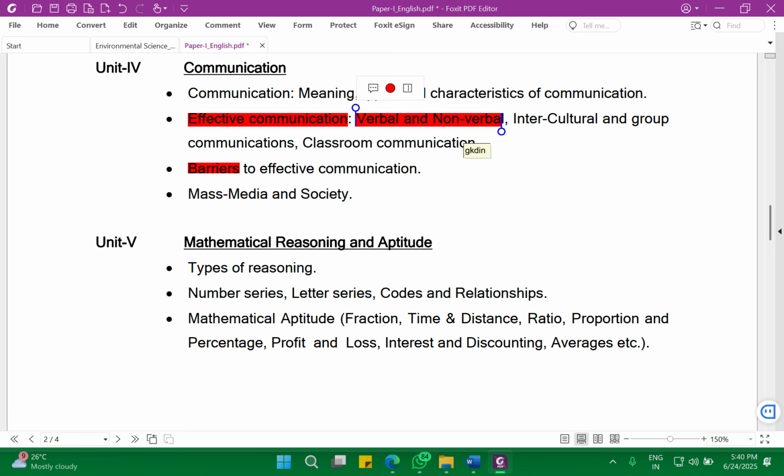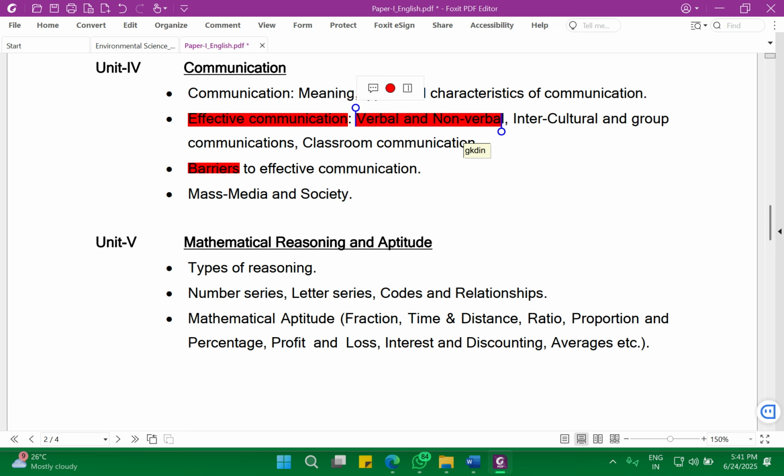So, for example, for many years they are repeating the same question, like whether the puppet show is verbal communication or non-verbal communication. So, these kinds of things we need to study. So, different types of communication are there, like classroom teaching method, like this online teaching, and puppet show, the folklore, then many methods are there.